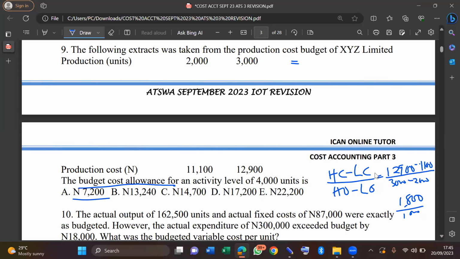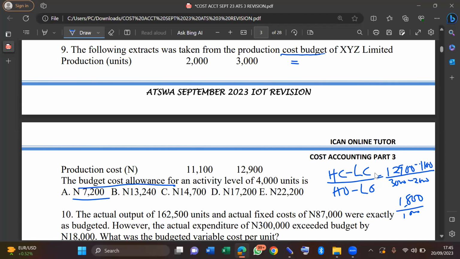They've given us a production cost budget. A budget will rather be a fixed, incremental, or activity-based. First, what are you doing?